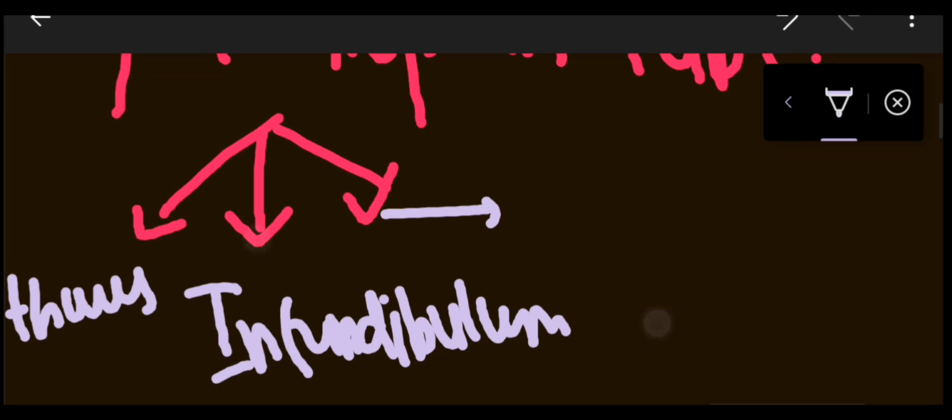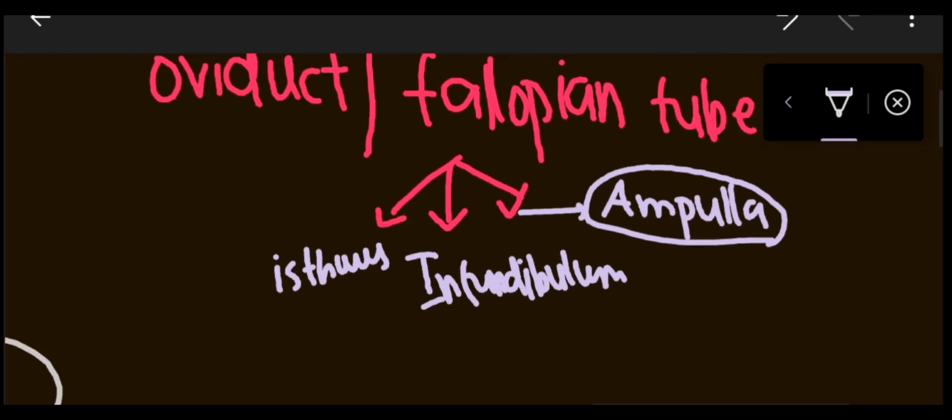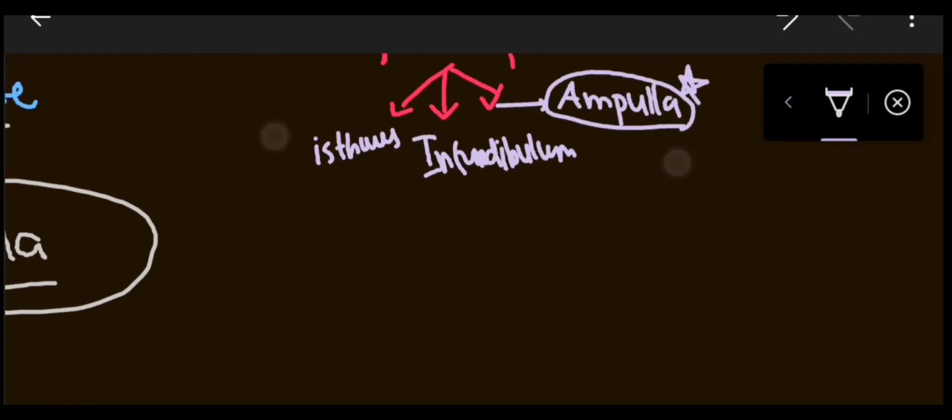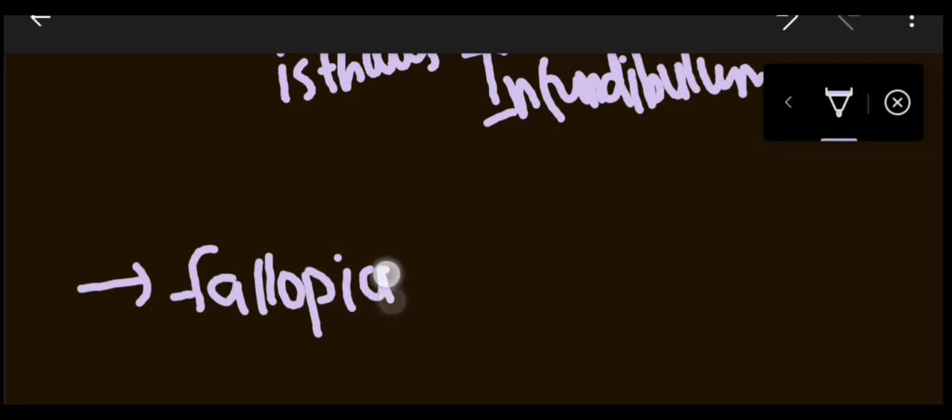But third is ampulla. So the fertilization takes place in this third part of oviduct, which is known as ampulla. Right?